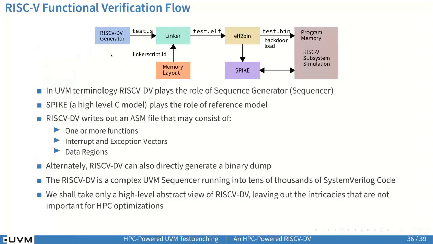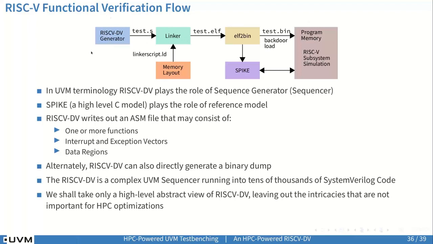Typically, we are going to look at the RISC-V-DV generator. We have an embedded UVM port of it. It will generate assembly instructions in a file which need to be compiled and linked, and then the binary will get loaded into the test bench. We are not going to take a look at the rest of the stuff.